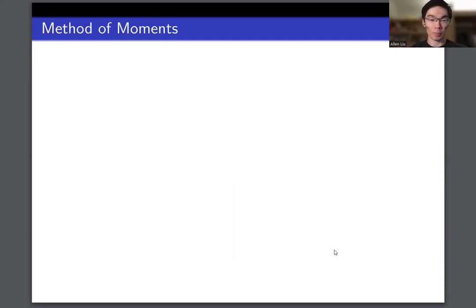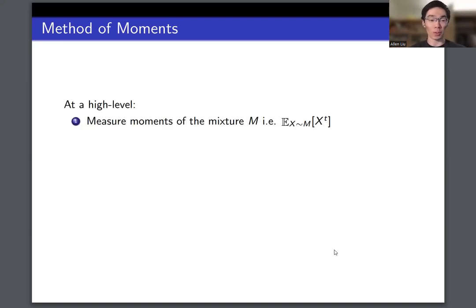Previous approaches are all based on something called the method of moments. This is a pretty general approach. At a high level, it works as follows. We first measure the moments of the mixture M, i.e., we draw samples and we measure things like the expectation of x to the t.